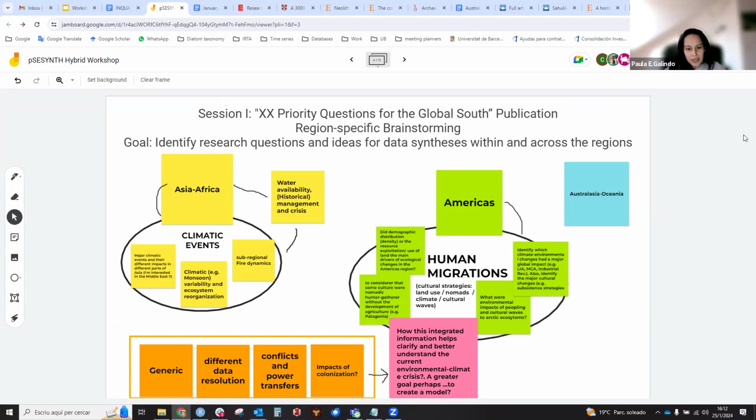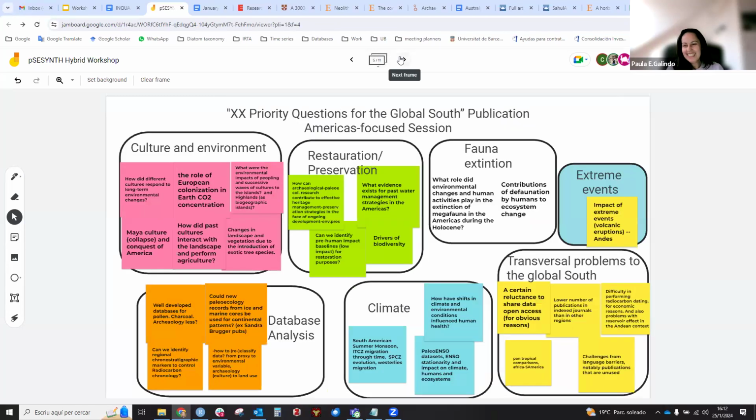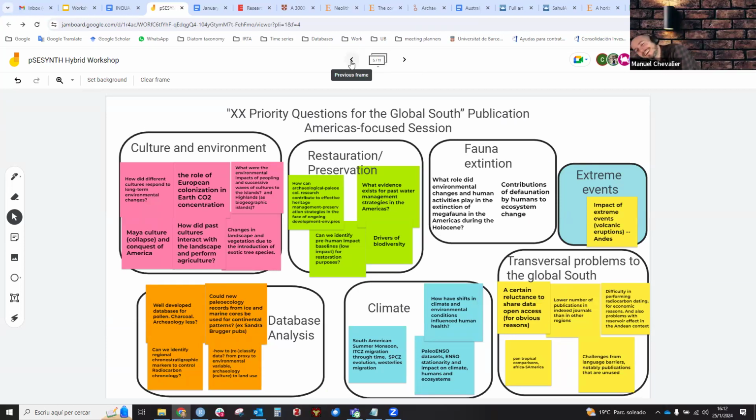So how this integrated information helps clarify and better understand the current environmental climatic crisis. Yeah, a bigger goal. So the same, the combination of everything, right? And for Australasia, Oceania, Manuel and Xavi joined, but didn't help me. So we can discuss in their slide.